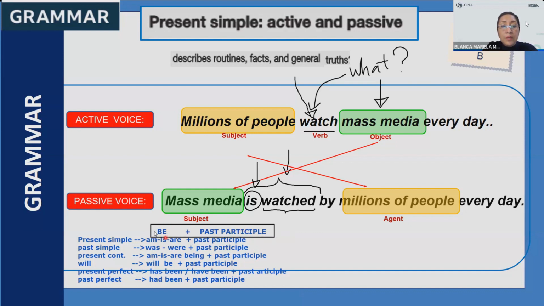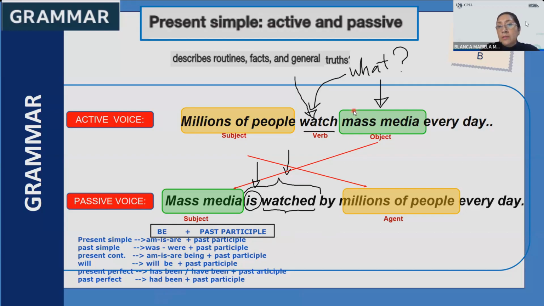The verb to be is the one that you conjugate depending on the tense of the verb. Present simple, this. Past simple, present continuous, future, present perfect, and past perfect.